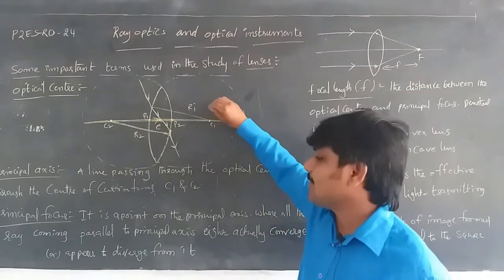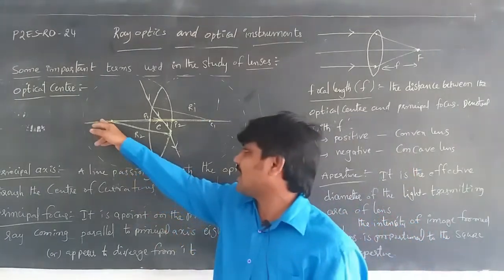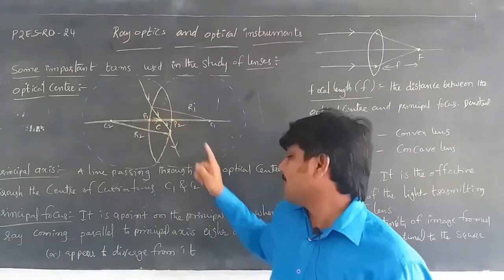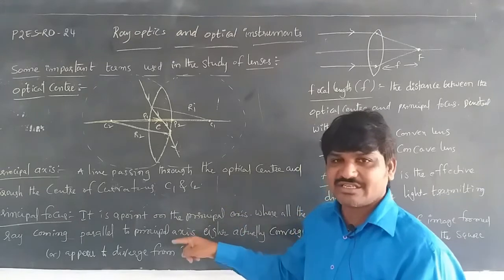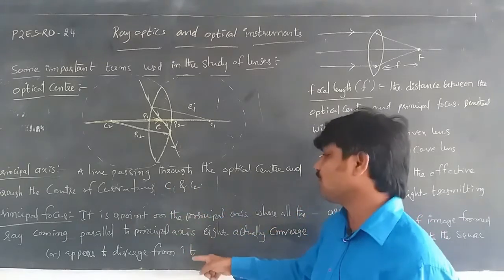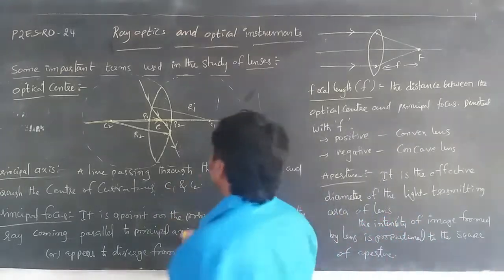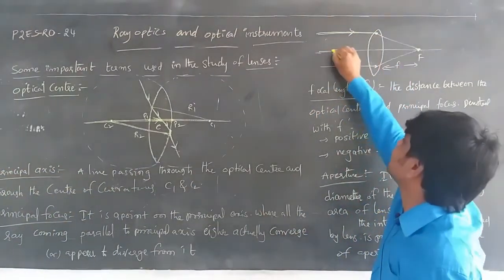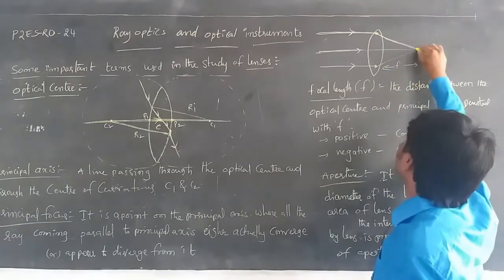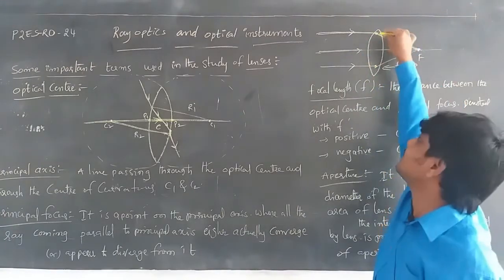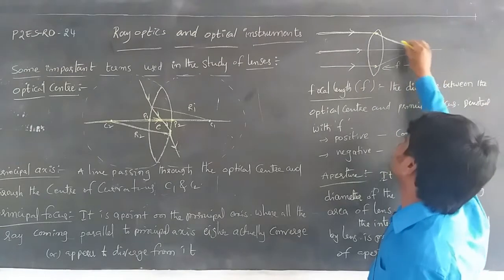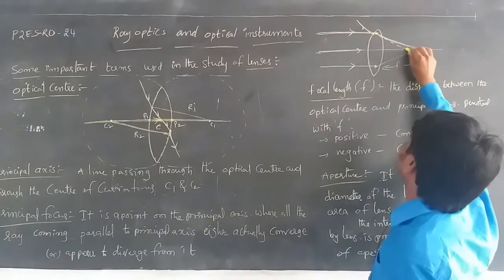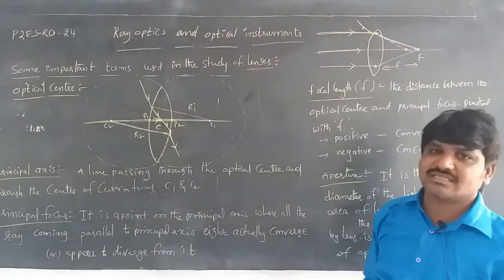When a ray comes parallel to the principal axis, it either converges to or diverges from that point. In the case of a concave lens, the light diverges like this, and by tracing imaginary lines back, they meet at the focus of that lens.